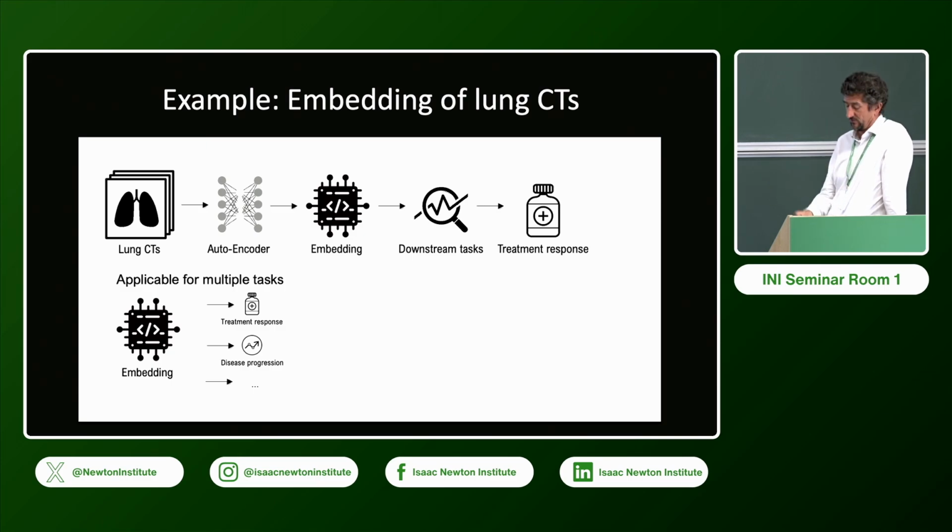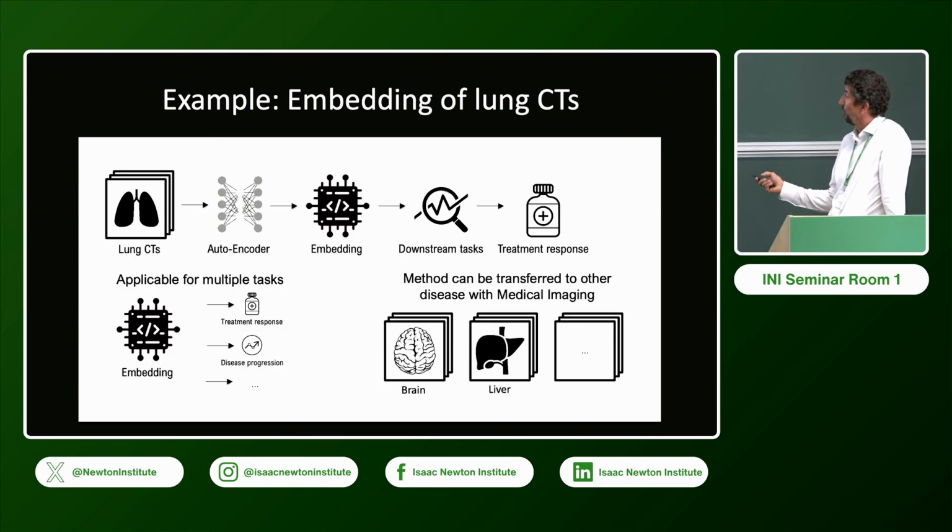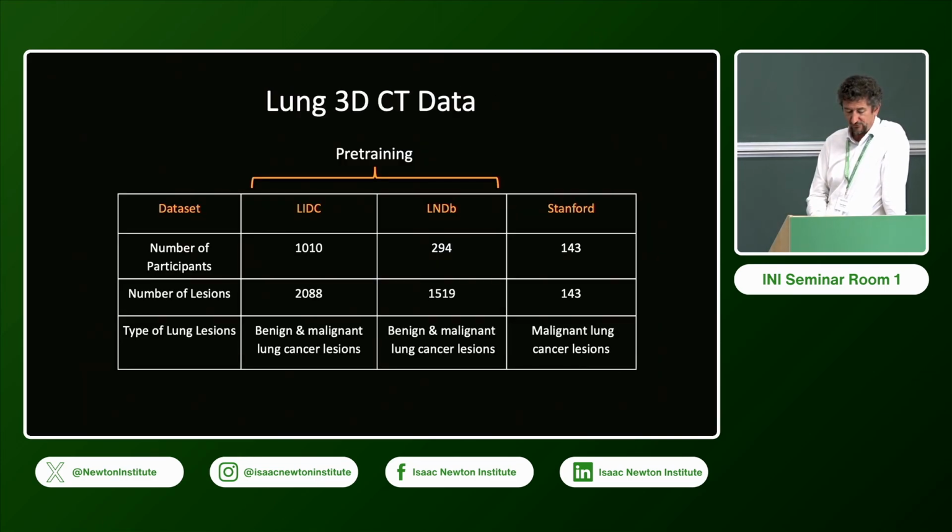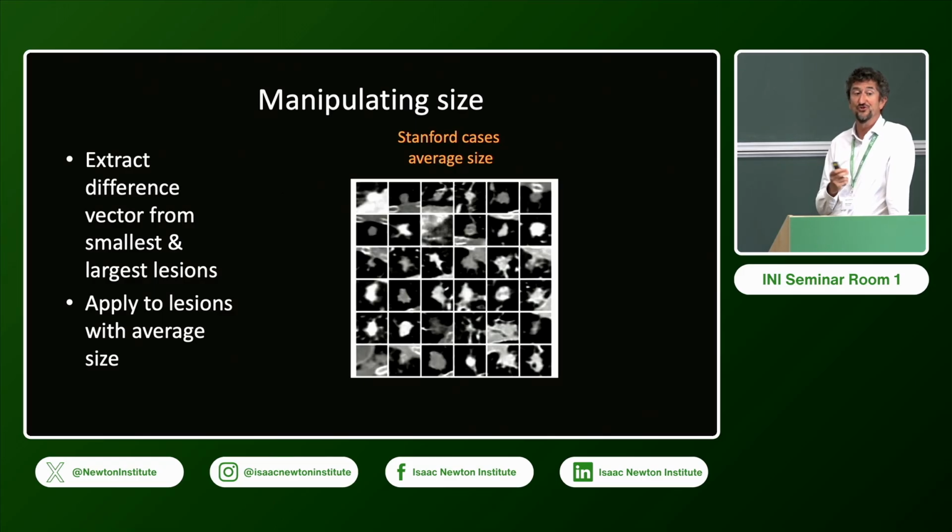And this is a general approach. We can use this across different types of organs. So we trained a model like this on various lung cancer cohorts with lung CT imaging data. The main thing I want to show you is that the model actually captures tumor size in these images. Here I'm showing you a number of Stanford cases with average size lung tumors.